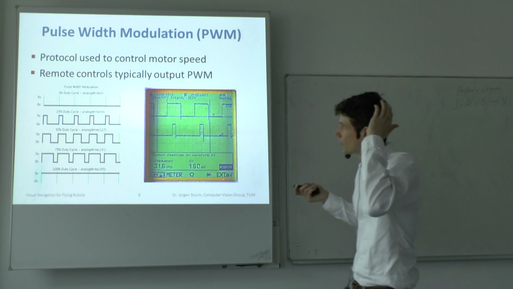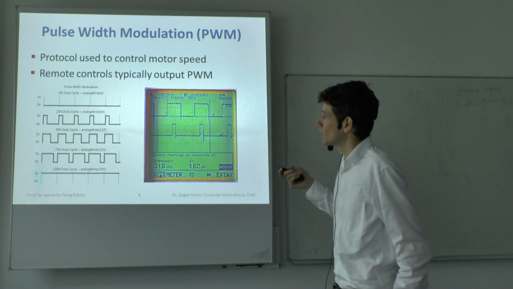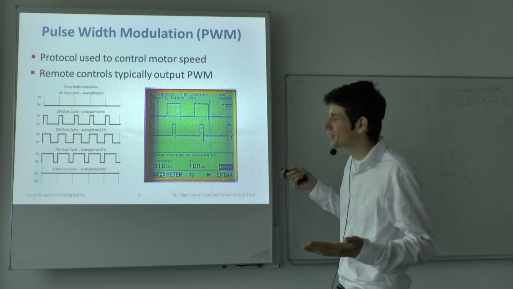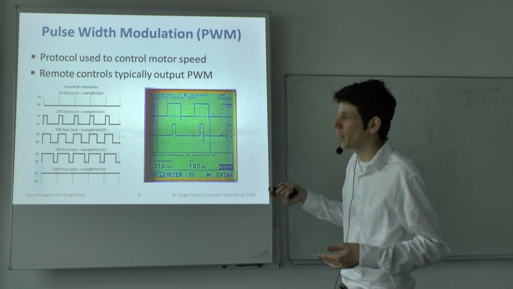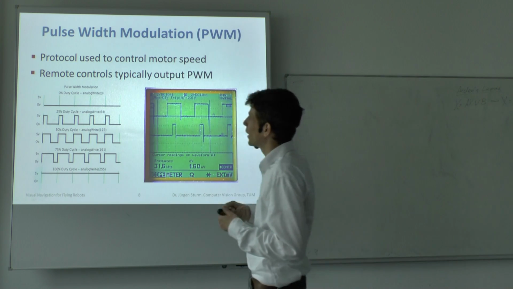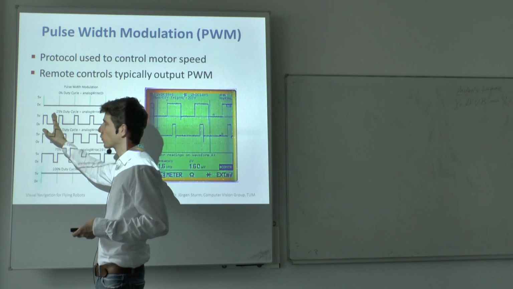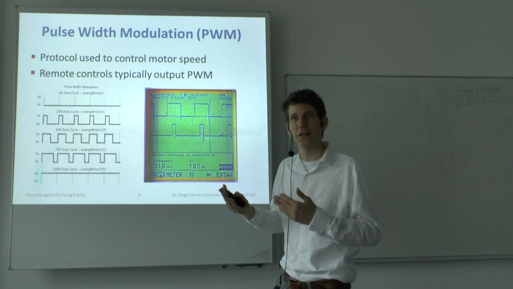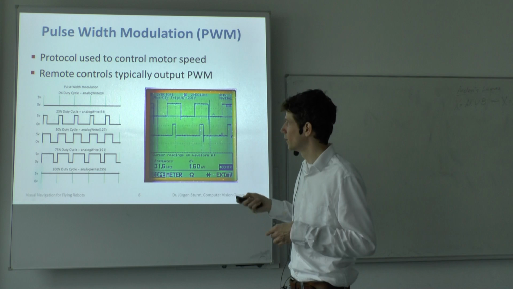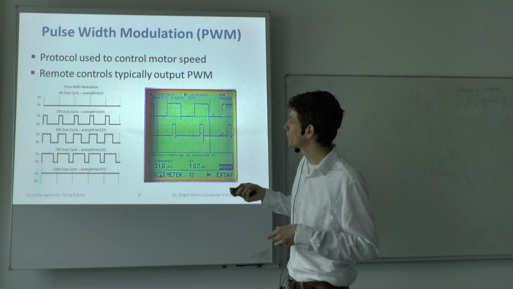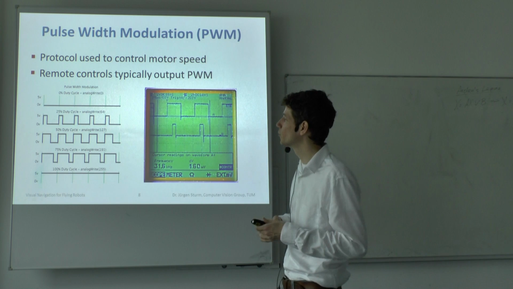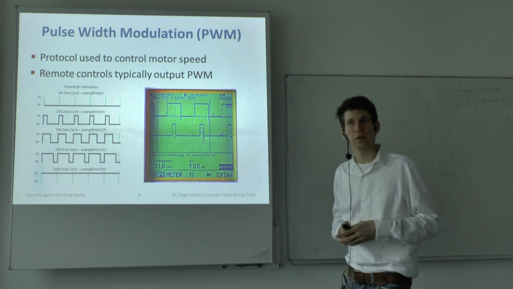It's a binary signal, and when it's 0, it means 0%. When it's completely 1, it means 100%. And by having it only switched on for a short time, it means accordingly only a percentage of the signal. So with such a PWM signal, you can encode an analog value between 0 and 100%.